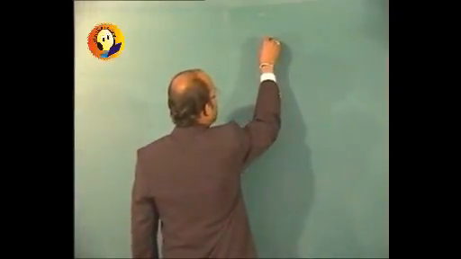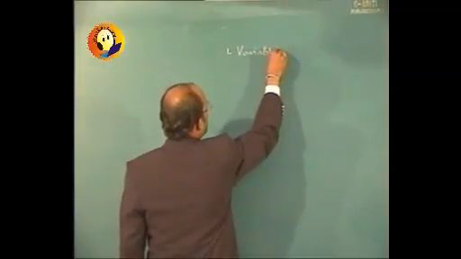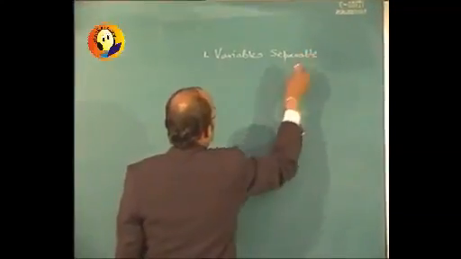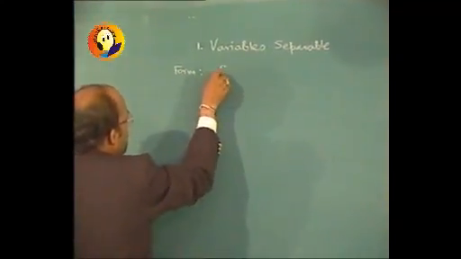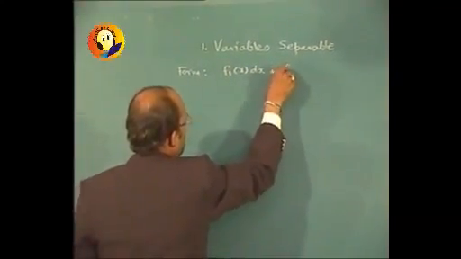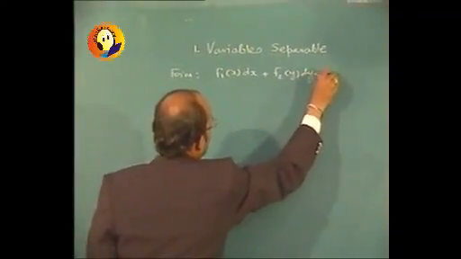So the form of the first type, which is called variables separable, can be written as f1(x) dx plus f2(y) dy is equal to 0.